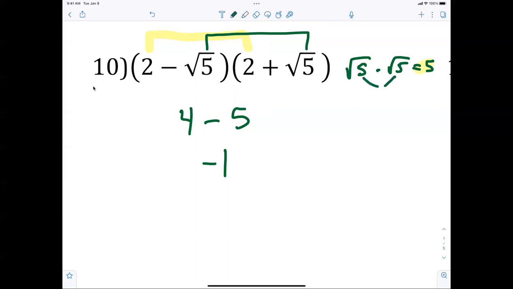Radical 5 times radical 5 means radical 25. What's the square root of 25? 5. That's why there's no radical. Anytime you multiply a radical by itself, it's that number. Okay. Good? All right, speak up, girl. Come on. You got to speak up.